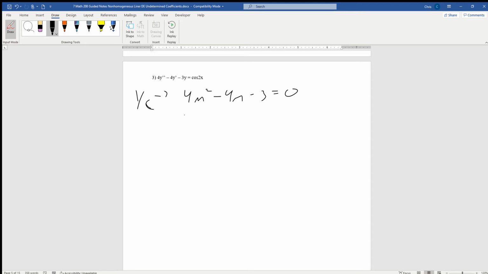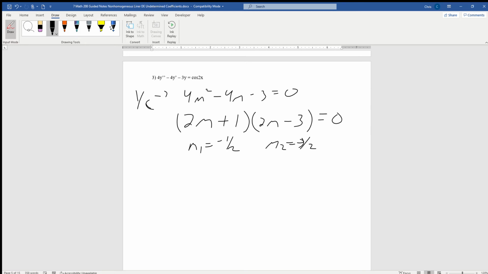When we factor it, we're going to factor it into 2m minus 3 and 2m plus 1. And that should give us our two solutions that are necessary to be able to solve the complementary solution. So we're going to get that m1 is going to be minus 1/2, m2 is going to be positive 3/2.